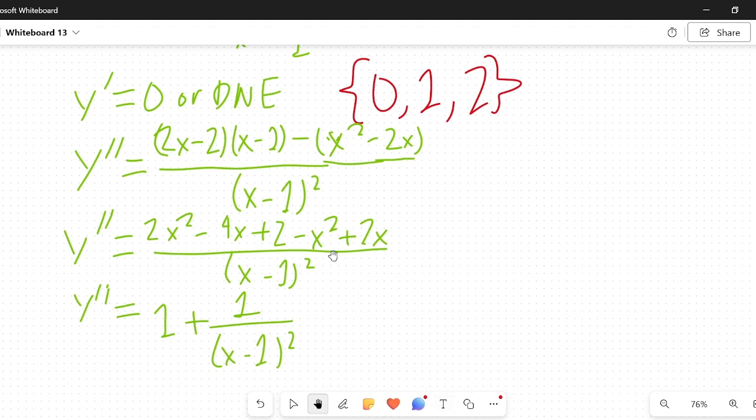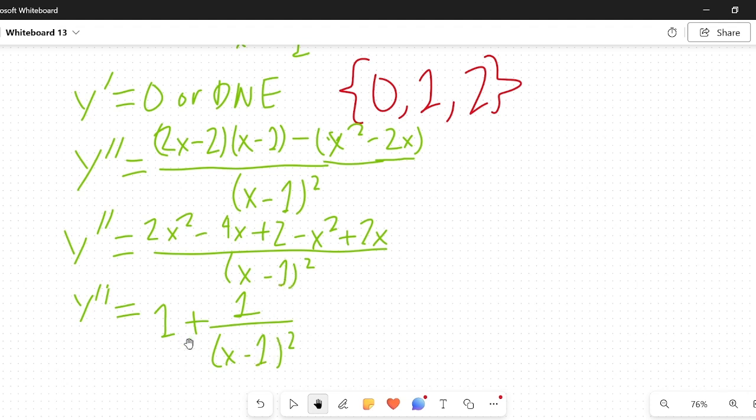So in this case, if we plug in 0 here, it's going to be 1 over 1, which is going to be 1, which is going to be 2. So it's positive, right? So it is going to be a relative minimum. But if we plug in 1 here, 1 minus 1 is 0, 1 over 0, the derivative at that point doesn't exist.